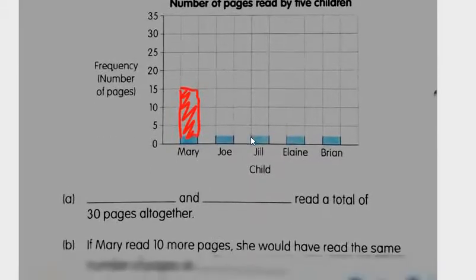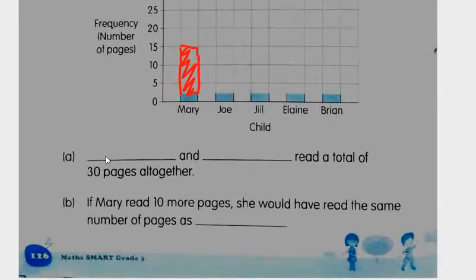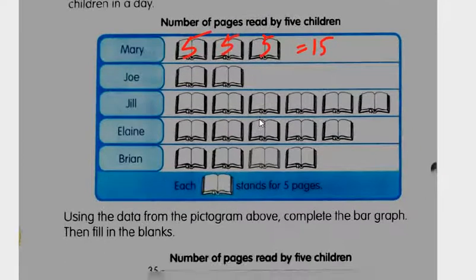Question A, who and who read a total of 30 pages altogether? I think we should count how many pages each child read. Okay, this is 10.